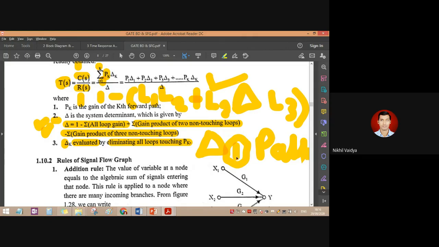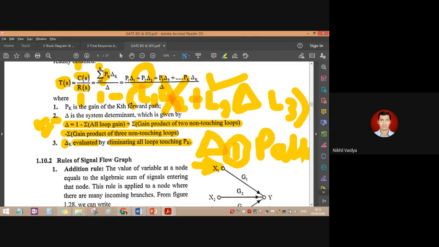Now, delta K is evaluated by eliminating all loops which are touching path 1. So whatever loops are touching path 1, I have to write them as 0. For example, let us take L2, that is loop 2 is touching path 1, so we will write it 0.